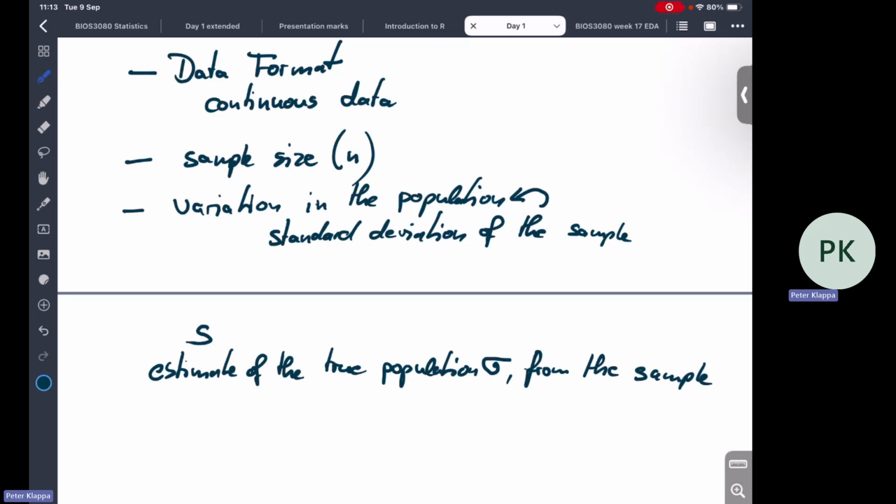Yeah, makes sense? So we need to do a little bit of mathematical trickery so that our estimated population standard deviation is always a little bit larger than what we've measured. So we need to make that a little bit larger.